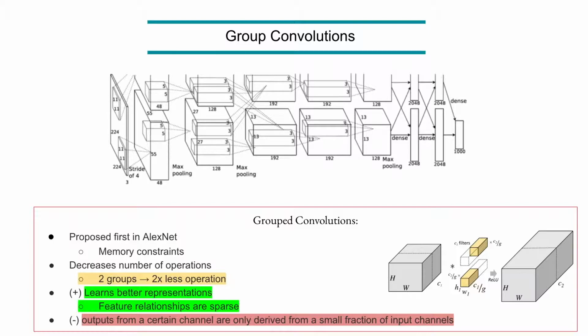So this is the AlexNet network structure. This is the input image. They divided the convolution filters into 2 groups because of memory constraints, and they did all these feed-forward operations in one GPU, and this is another GPU, and they combine these feature maps at the end, at the last layer.